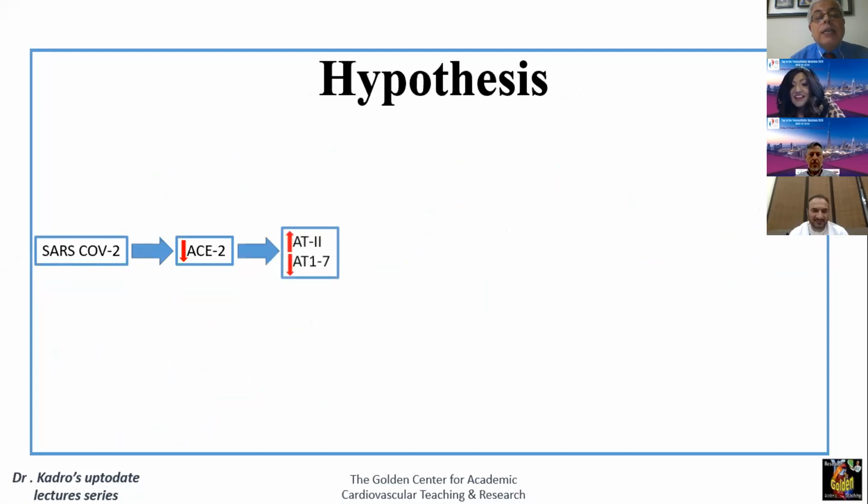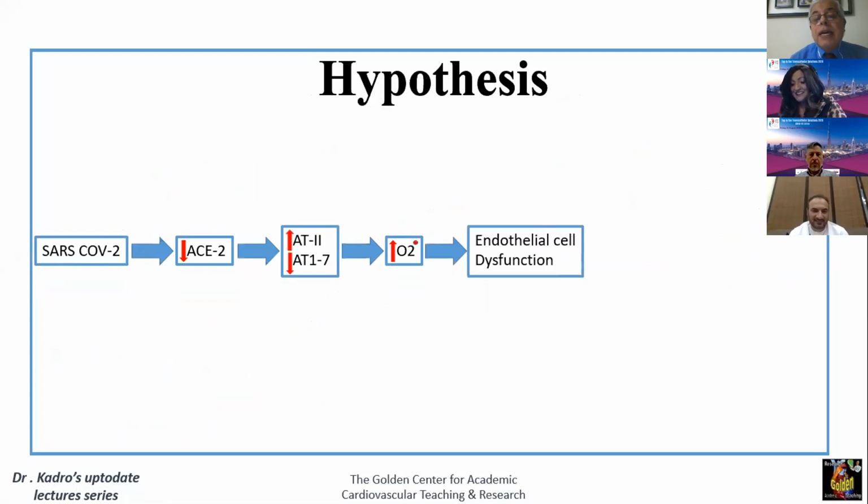This will increase angiotensin 2 and decrease angiotensin 1-7, and that leads to increased reactive oxygen species and this radical substance, and that causes endothelial cell dysfunction. With that we'll get increased production of von Willebrand factor from the damaged endothelium, and that will end up with thrombosis. And that's the mechanism of endothelial dysfunction and why we get increased thrombosis with COVID-19.